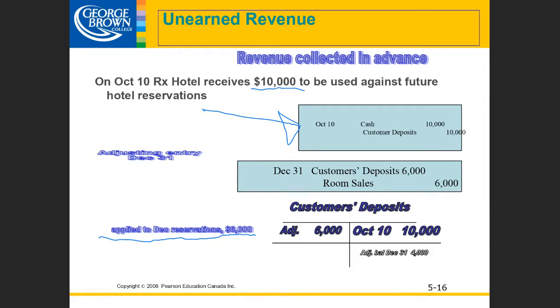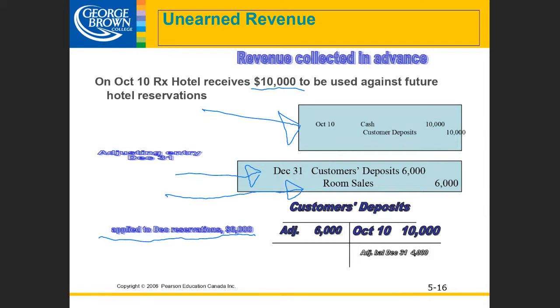In this case, we would debit the customer deposits or the unearned revenue by $6,000 to decrease the account balance to show that it's been used, and then we would credit room sales, because this is a hotel, by $6,000 to show that we actually generated those sales for this particular period of time.